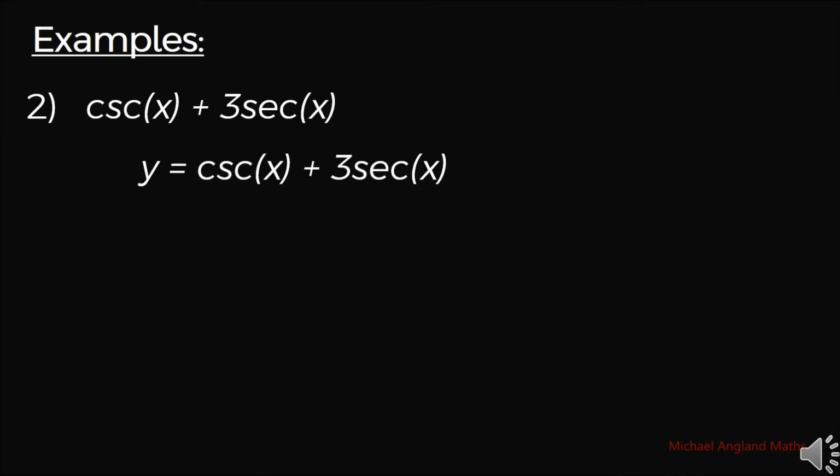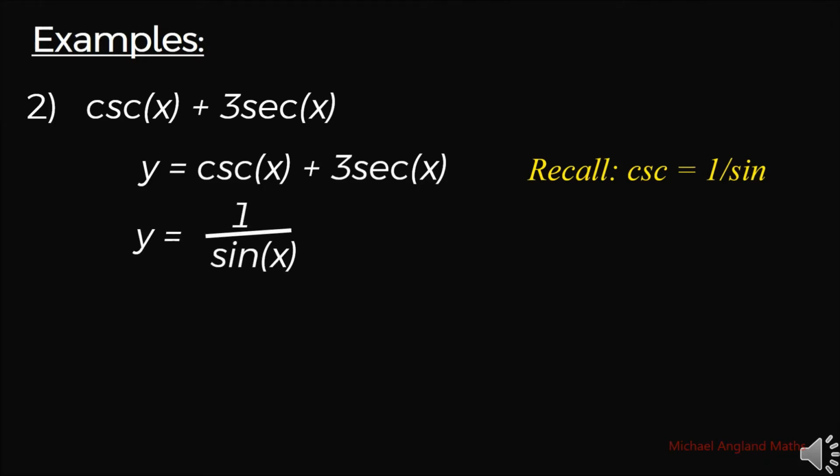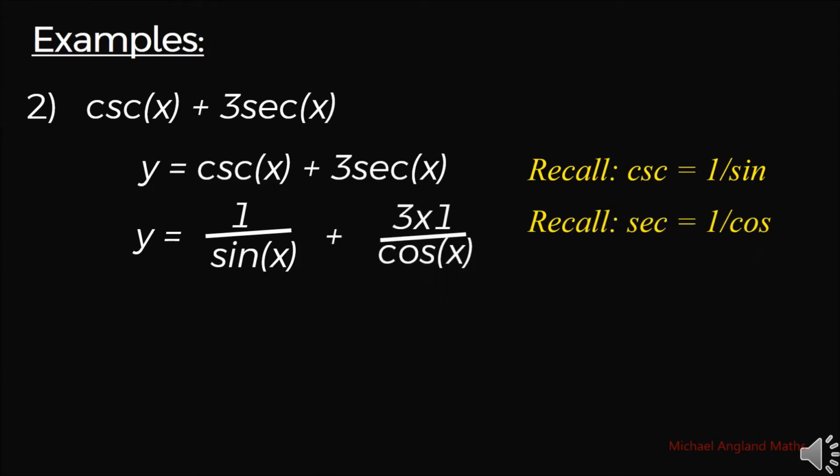Now recognize the fact that cosec is the reciprocal of sine. So for the next step we have cosec x is equal to 1 over sine x. And sec of x is equal to the reciprocal of cos of x.